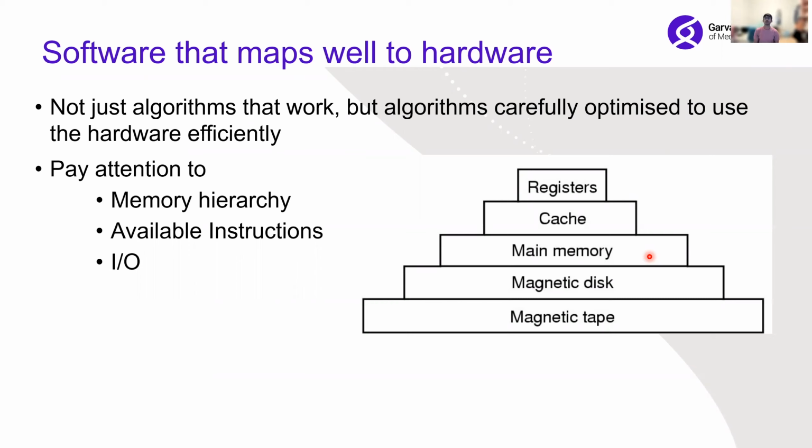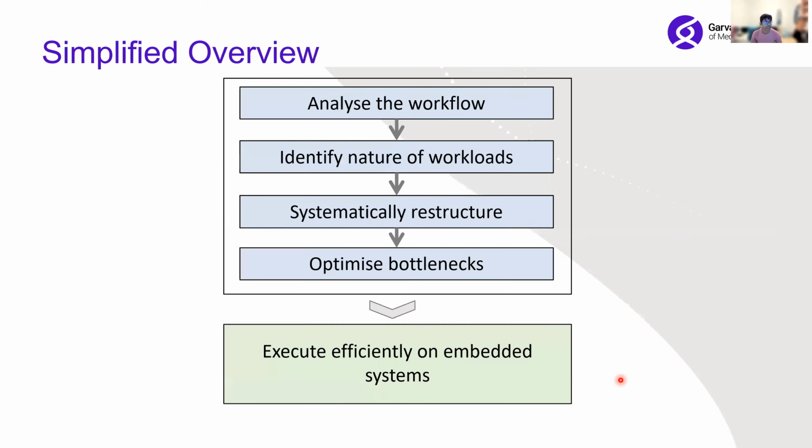Also, the way magnetic disks work, once you start reading sequentially, you can reach perhaps 100 megabytes per second. But if you do random accesses, it will drop to maybe a couple of megabytes per second. So restructuring your software in a way that these features are really used is quite important.